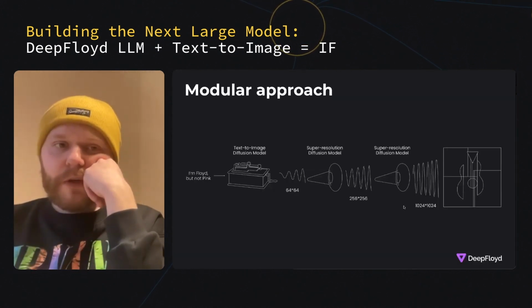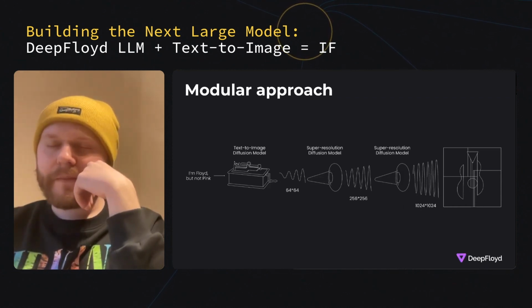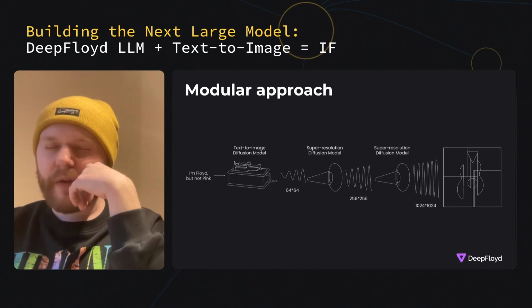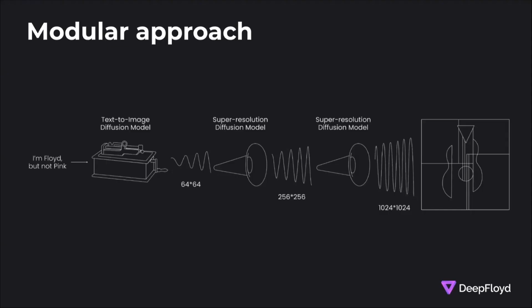In our case, we use several stages. The first of them is made by Google. It's the T5 frozen language model. It's a function that takes the text prompt and returns the embeddings, depending on how many tokens you use. In our case, we use 77 tokens, and we have a 4096-dimension space.